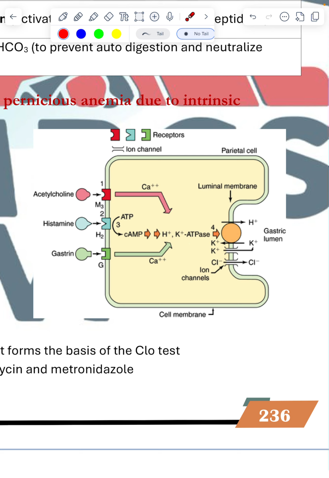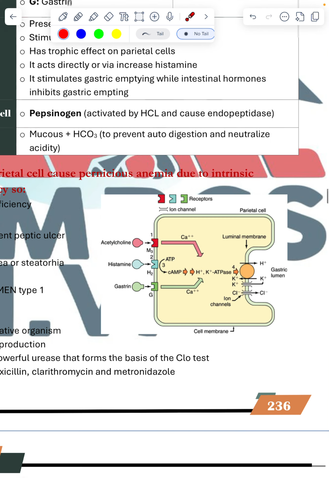Potassium is taken in and hydrogen goes out as HCl. So hydrochloric acid is secreted into the lumen by the action of vagus, histamine, and gastrin. This is the muscarinic effect, this is the histamine receptor, and this is the gastrin receptor. Calcium is required here. ATP is converted to cyclic AMP.